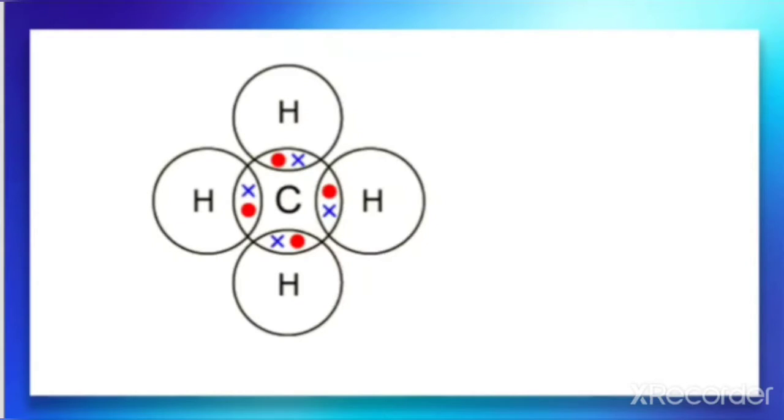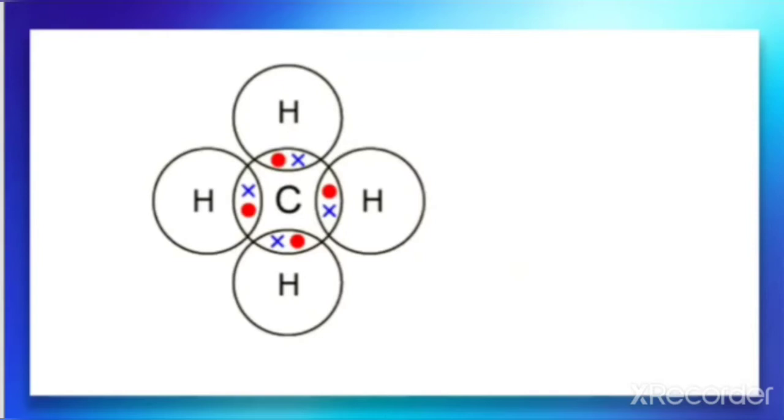In the case of methane, 1 carbon and 4 hydrogen. Each hydrogen requires 1 electron, and the carbon requires 4 electrons to get stable.